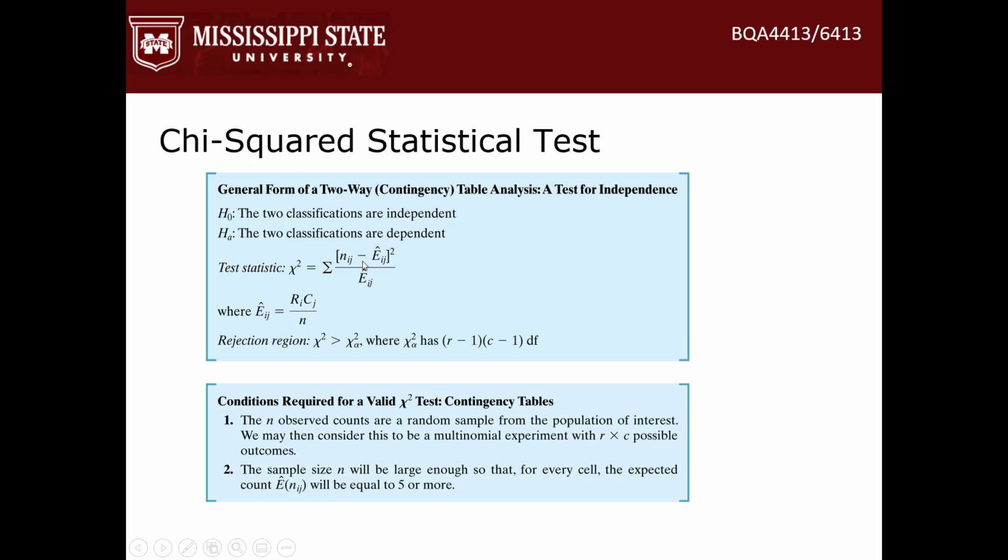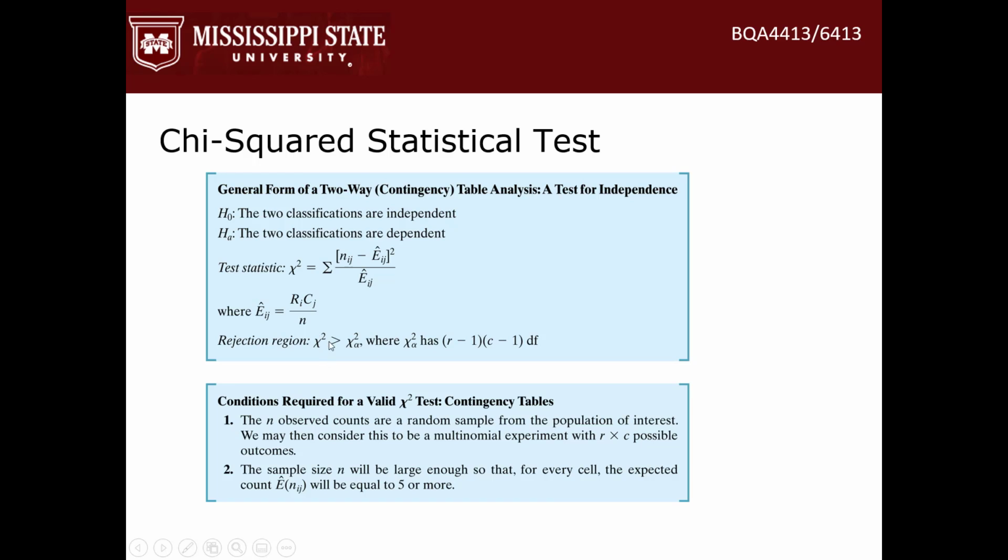Our chi-squared statistic basically says how different our individual cell counts are from the expected values. We square that because otherwise everything would cancel out, and we divide it by the expected values. And then we test this.